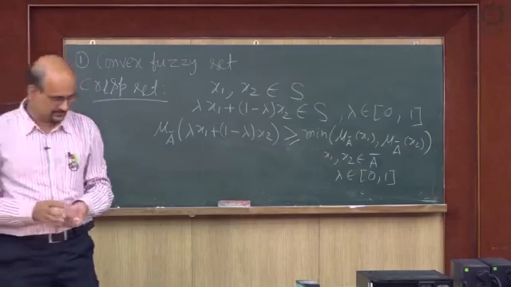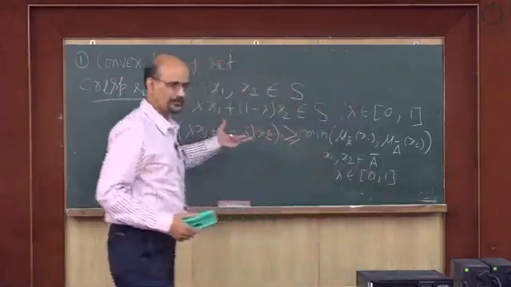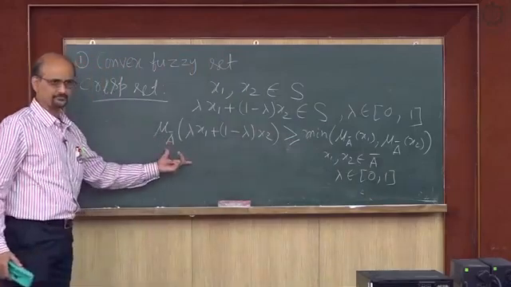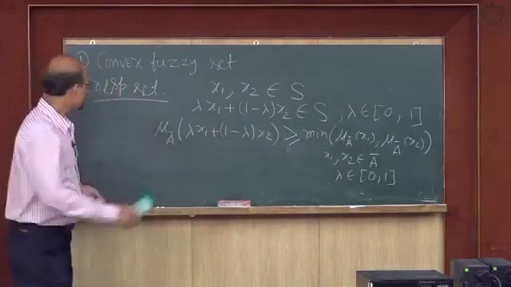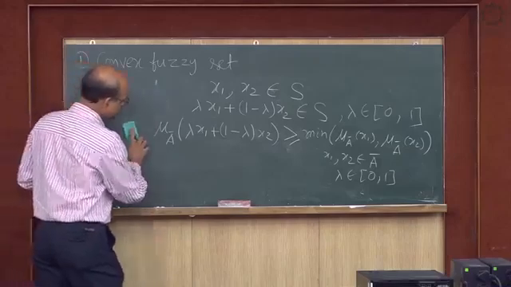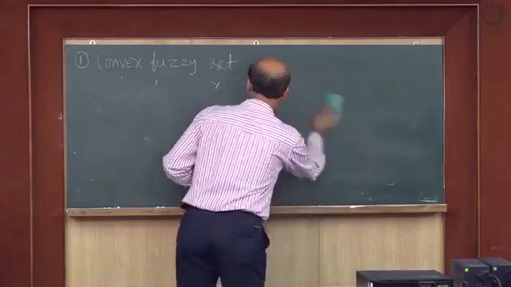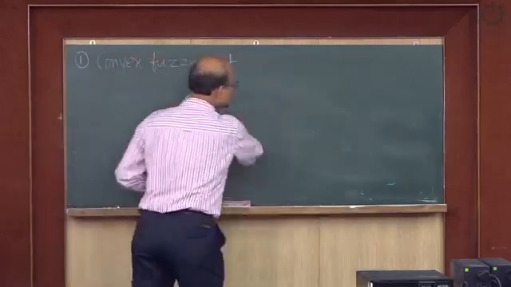Okay. Now, let us see geometrically what is happening, then it will be more clear. Okay. This is the definition. Clear? Now, let us come to how it is happening geometrically. Remember this. So, for convexity of a fuzzy set, suppose I have a fuzzy set like this.